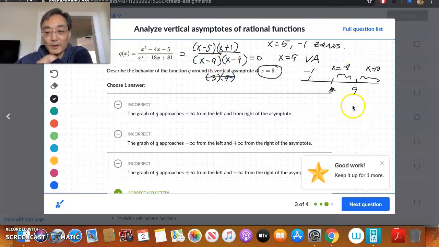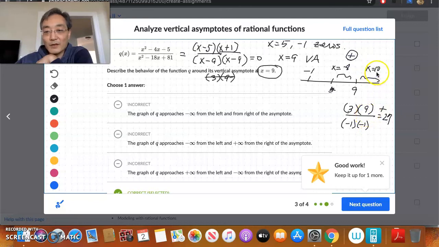So it's going to be 3 times 9. And then if I put 8 in here, that's going to be negative 1 and negative 1. Well, this answer comes out to be positive 27. So on this side, it's positive. The y value is positive.